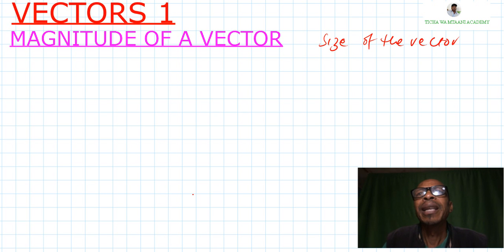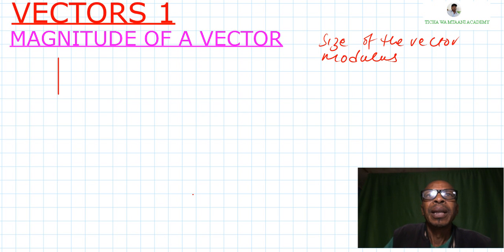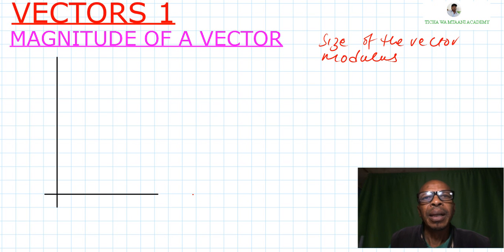In other books, you find the word modulus. So they mean the size, the magnitude of a vector. I'm going to draw a Cartesian plane here.